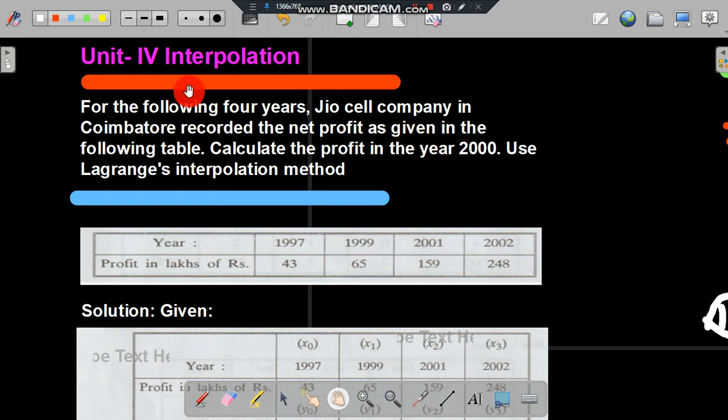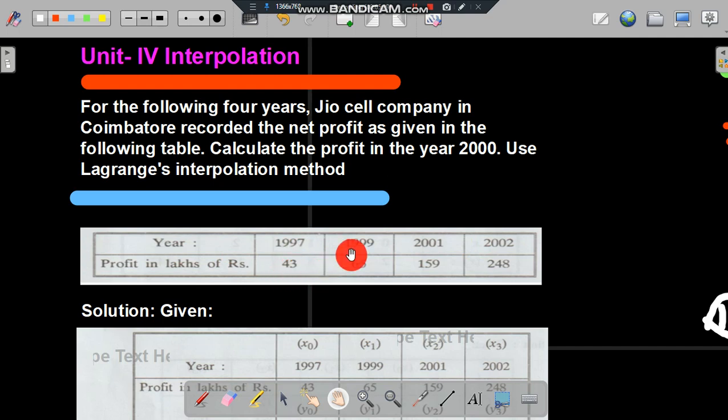Now here is a GeoCell company. For 4 years, it recorded the profit as given in the table. In the table, the profit by the GeoCell company for 4 years is given. Take for example, in 1997, the profit is 43 lakhs.